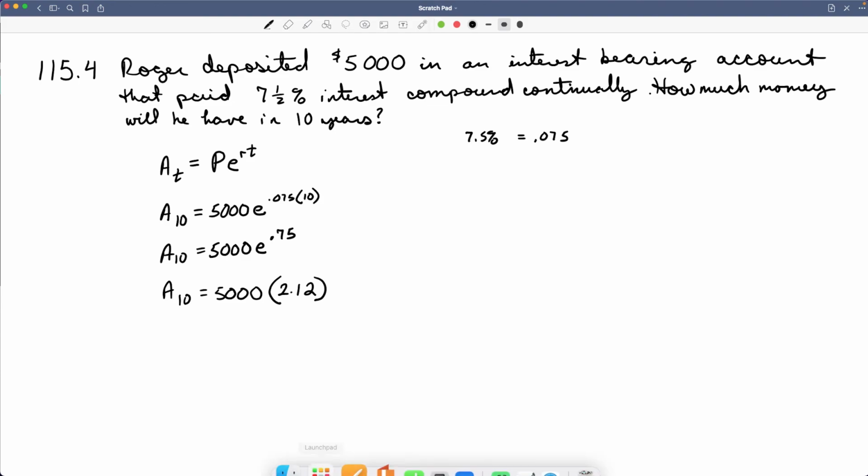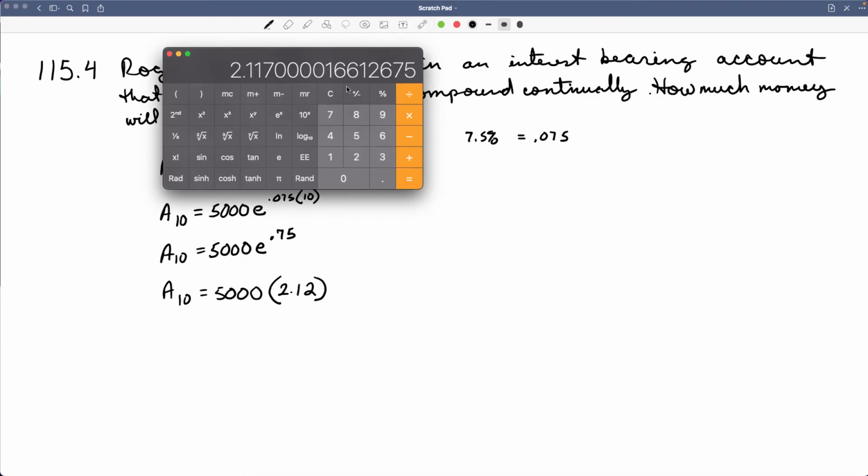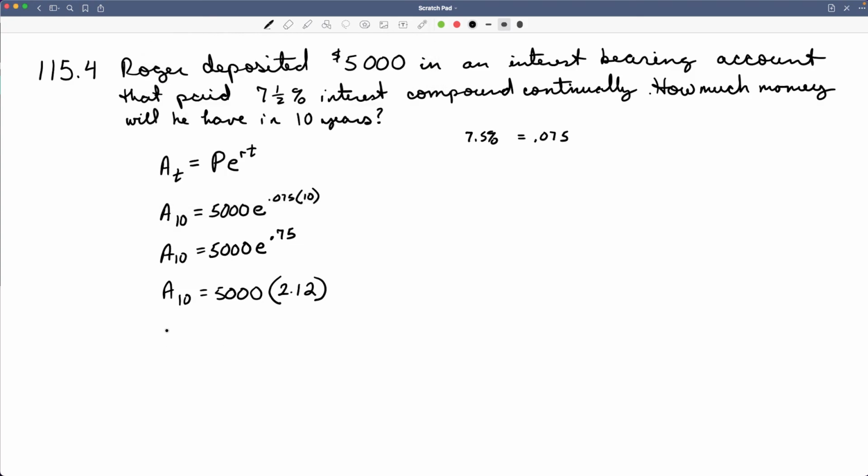And then we do that calculation. 5,000 times 2.12 is 10,600. So the amount of money that he would have in 10 years is $10,600.